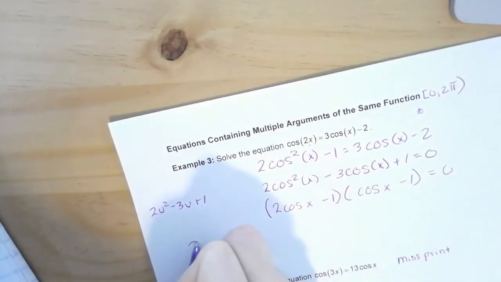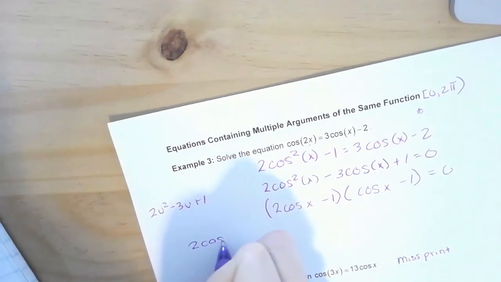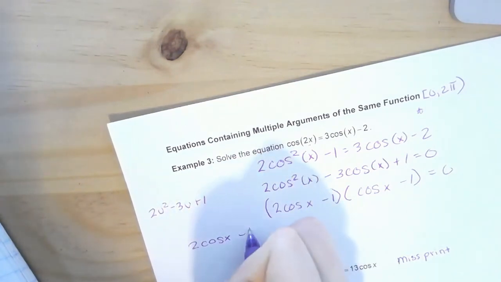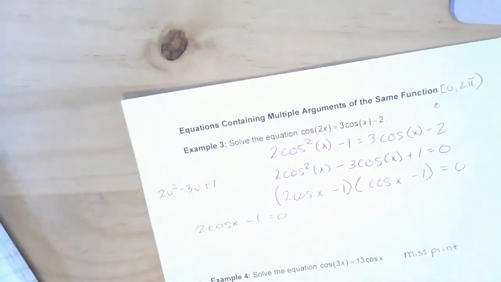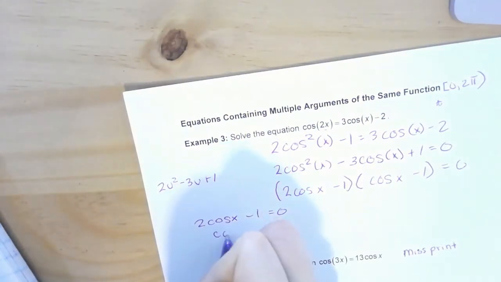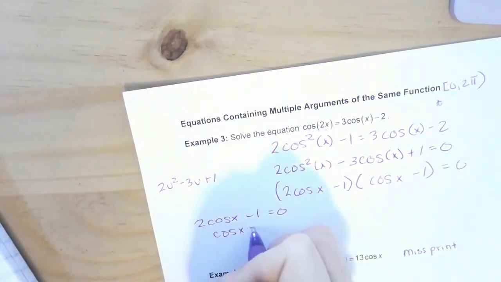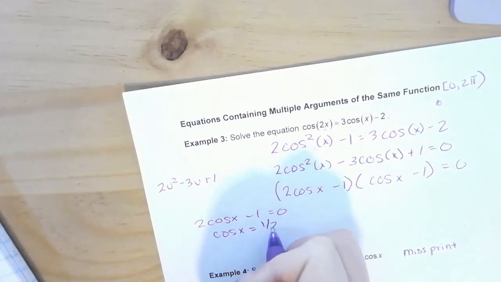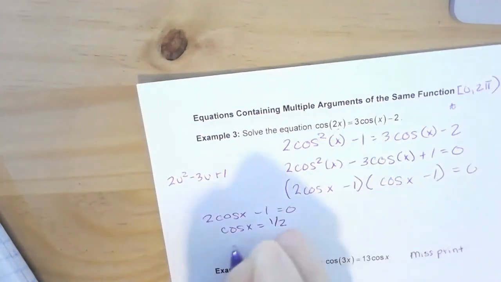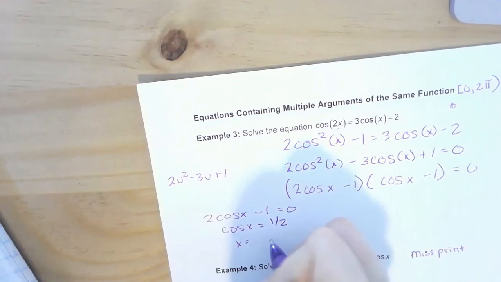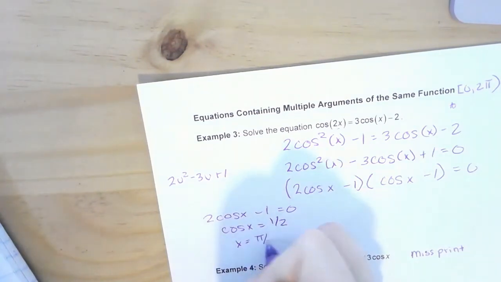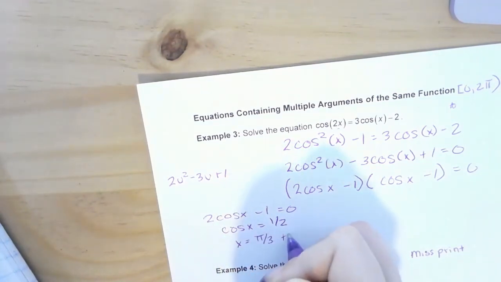Separate these two. So I get 2 cosine x minus 1 equals 0. Solve for that, I get cosine x equals 1/2. Well, we know that this happens at pi over 3, which keeps going around and around.